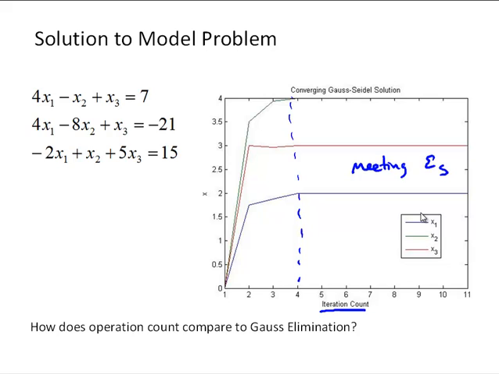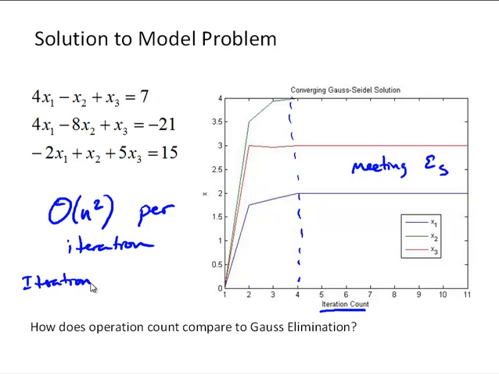How does this operation count compare to Gauss elimination? Well, it's roughly the same as the substitution algorithm, recall. So it's going to be approximately n squared operations per iteration. As long as the iteration counts are less than the number of operations, this is potentially more efficient.